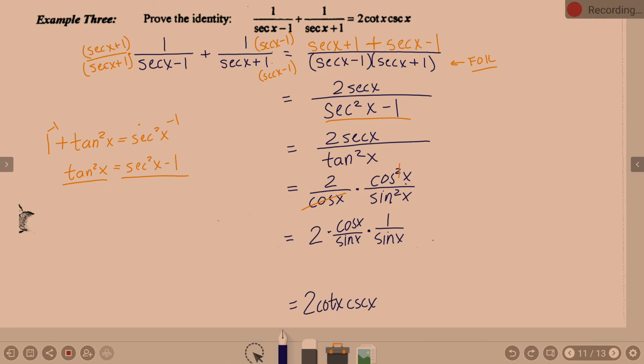Does that legitimately come from 2 cosine x over sine squared x? Yeah, all the pieces are there. You see 2 cosine x over sine x, sine x. And then 2 cotangent cosecant. It checks.